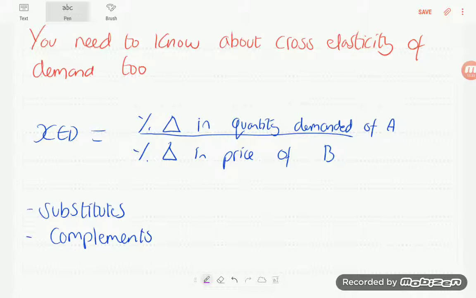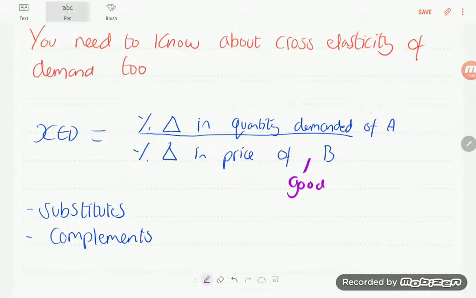The cross elasticity of demand, XED, is a measure of how the quantity demanded of one good responds to a change in the price of another good. It can be calculated with the formula above. Percentage change in quantity demanded of good A over the percentage change in price of good B. So let's just add that so it's clear.